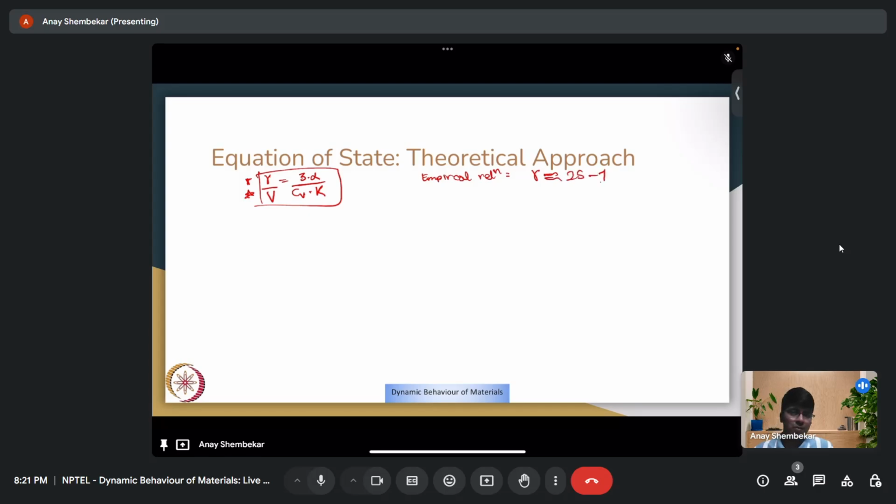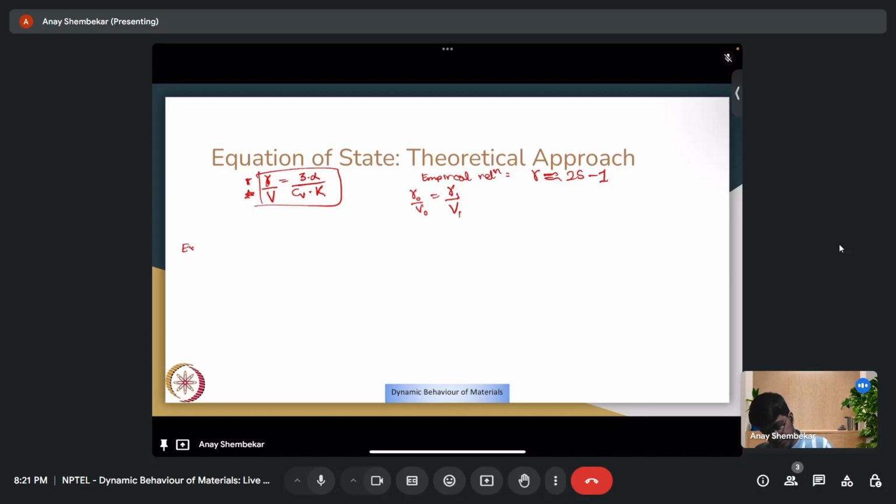This is what has been observed for a lot of materials. From this you can say that if my parameters alpha, CV, and kappa are fairly constant, then whatever you have at one state, that ratio gamma by V should be the same as at another state.